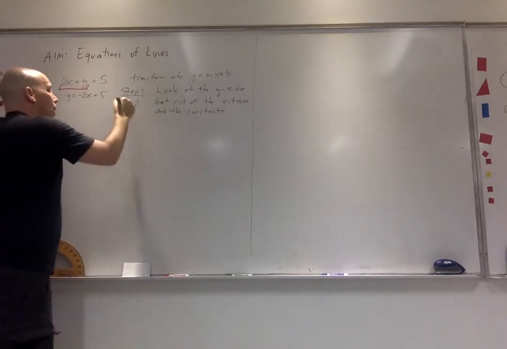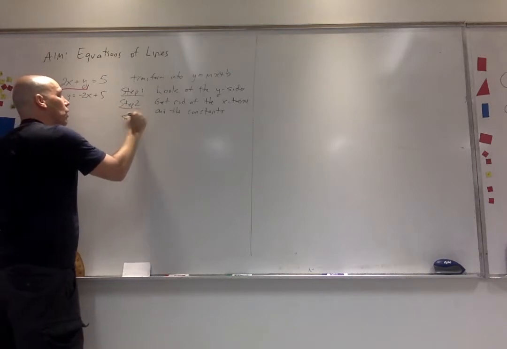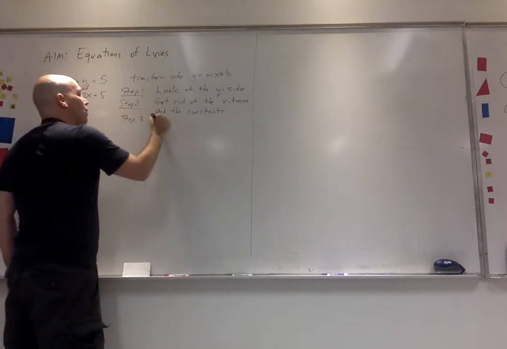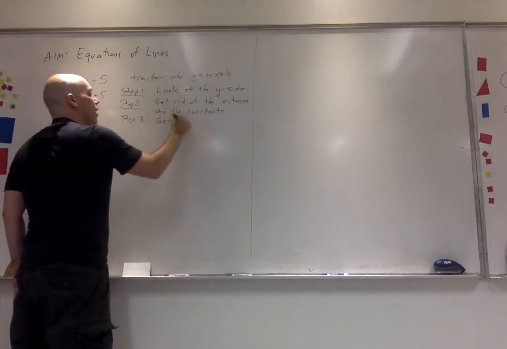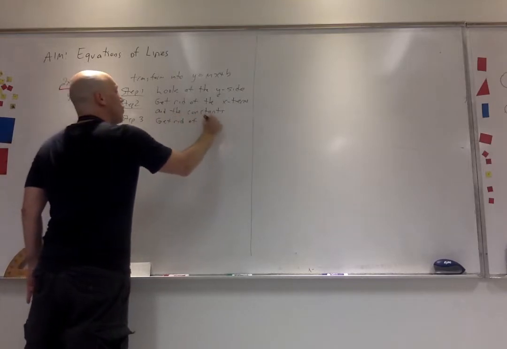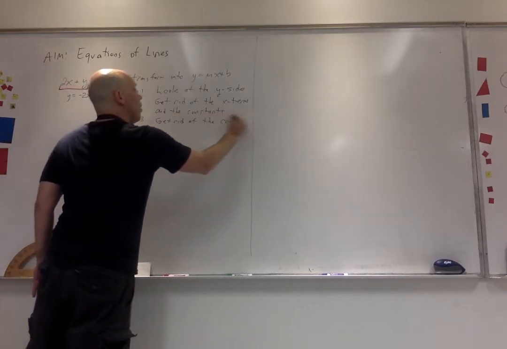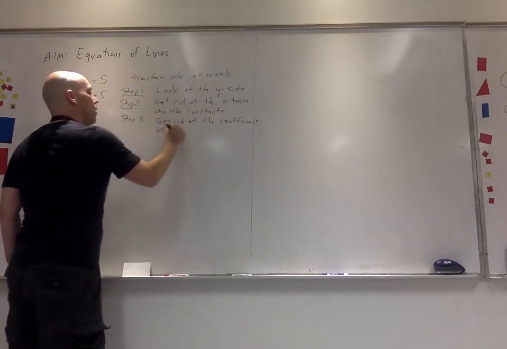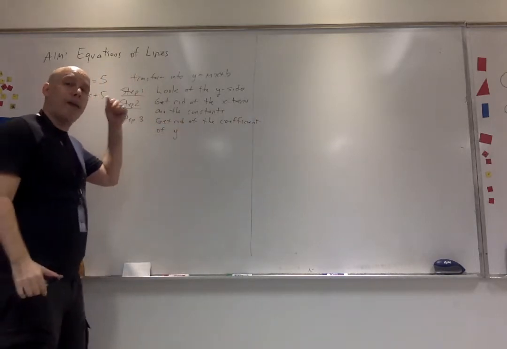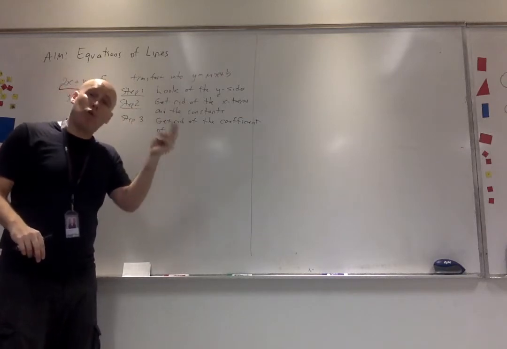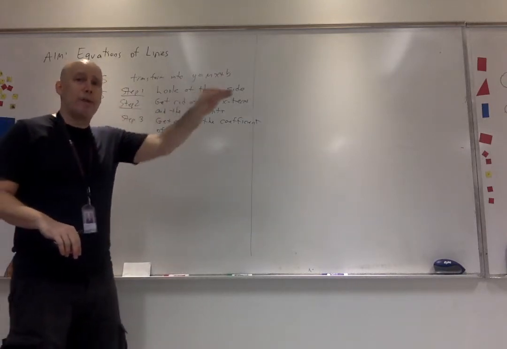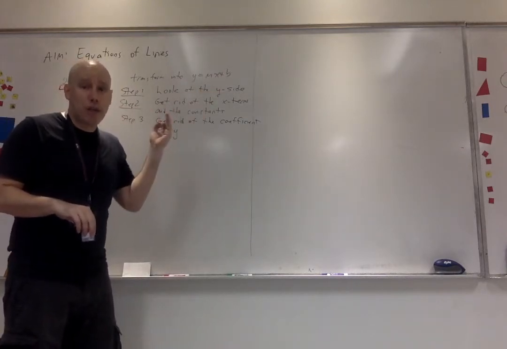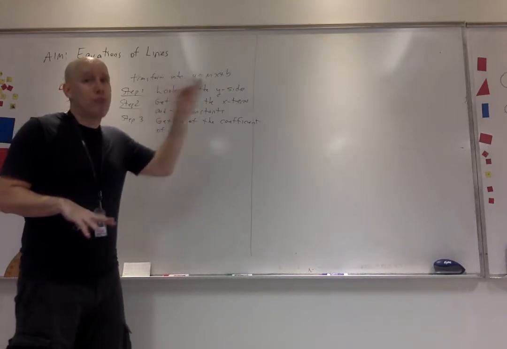And then step 3, get rid of the coefficient of y. If there's a number in front of the y, you have to get rid of it. If it's multiplied by a number, you divide everything by that number. If it's a fraction, you multiply everything by the reciprocal.